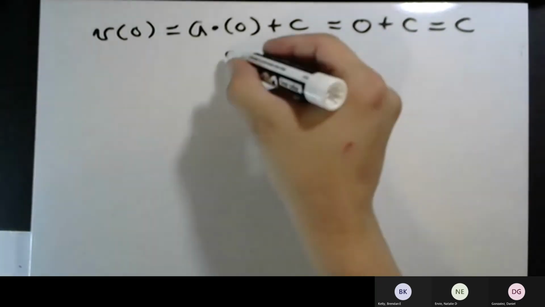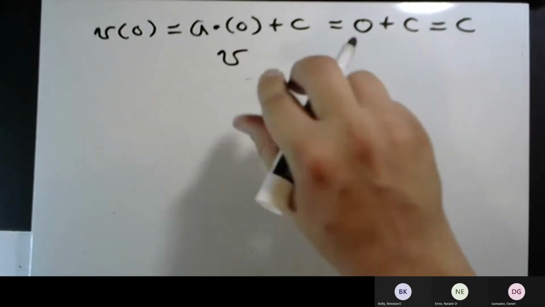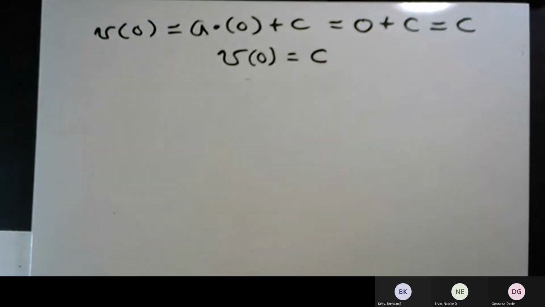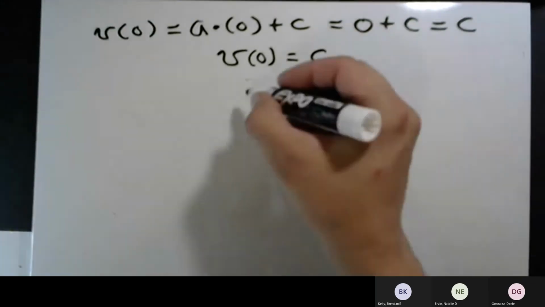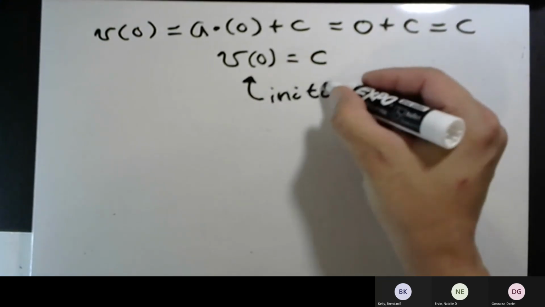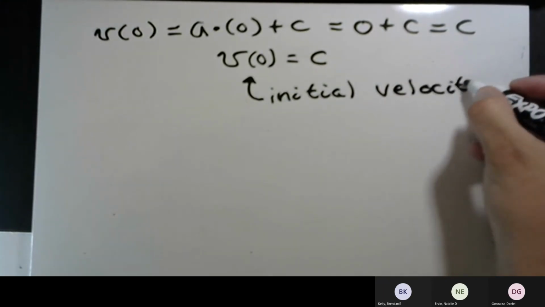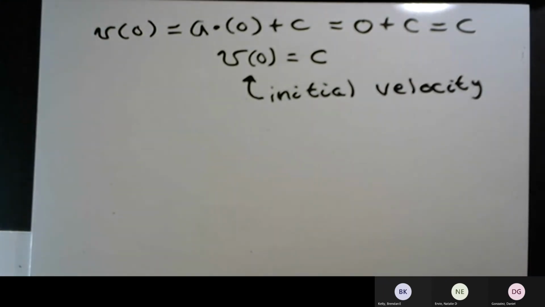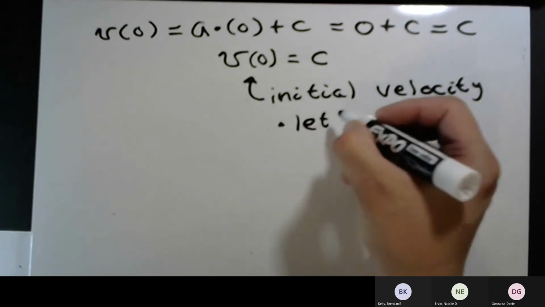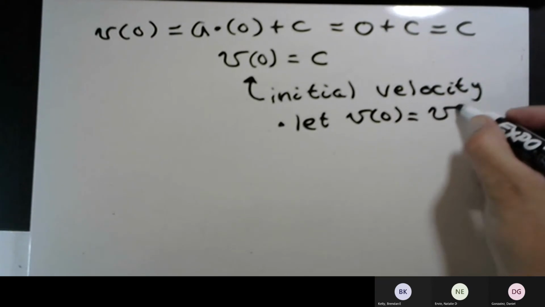So what we get is V sub 0, sorry, V of 0 is equal to C. So this is what's called an initial velocity. And we relabel this V of 0 as V sub 0.